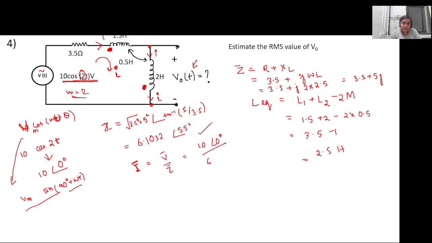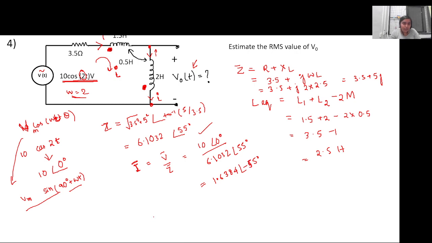And Z is 6.1032 angle of 55 degree. So this comes out to be 10 by 6.1032, 1.6384 angle of minus 55 degree, because we take it to the numerator. 0 minus 55 is minus 55 degree.